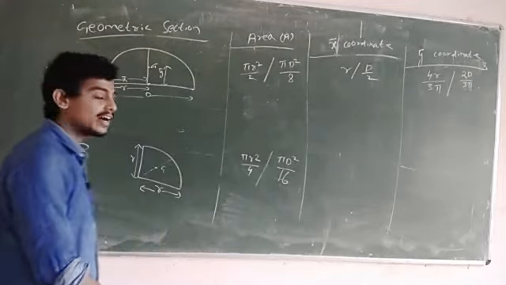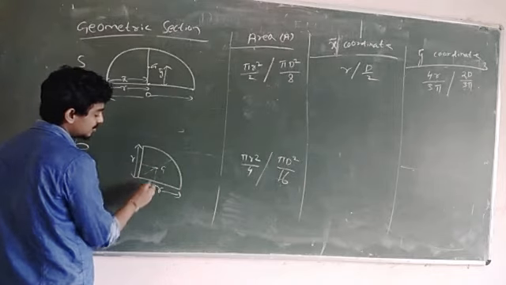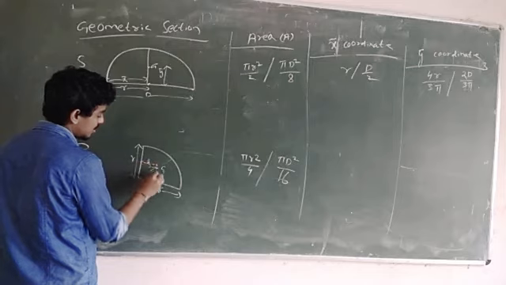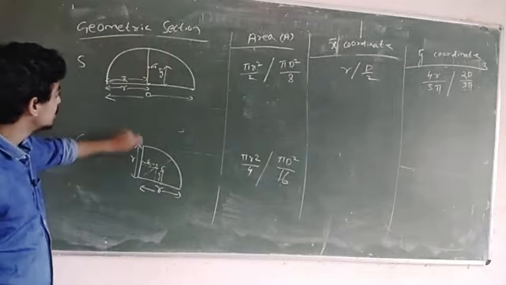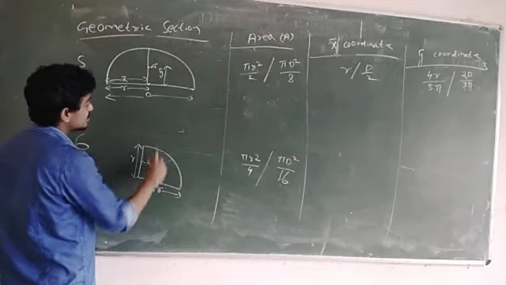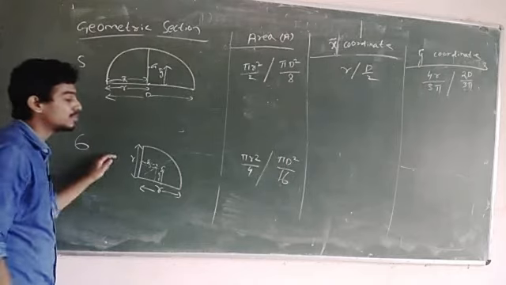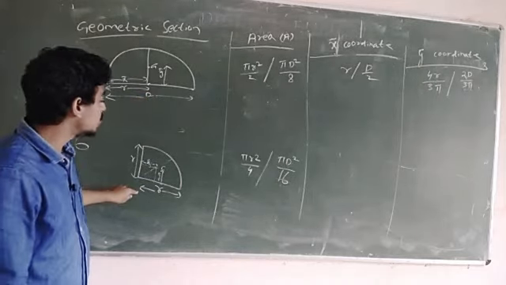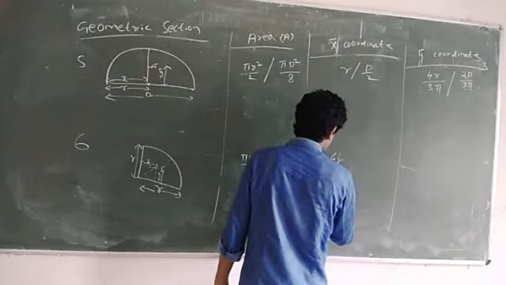That is our area. Now we have to calculate the x coordinate. So the x coordinate will be this, and the y coordinate will be this. So it will be x bar, and it will be y bar. You can see here, this is similar to this, and this is also similar to this distance. So it will be the same as the y coordinate of the semicircle, 4r by 3 pi.